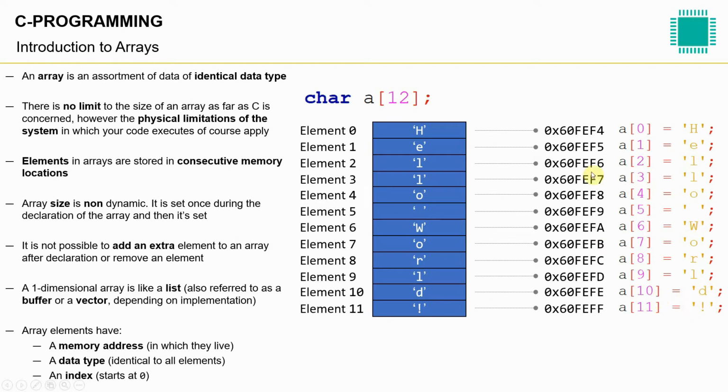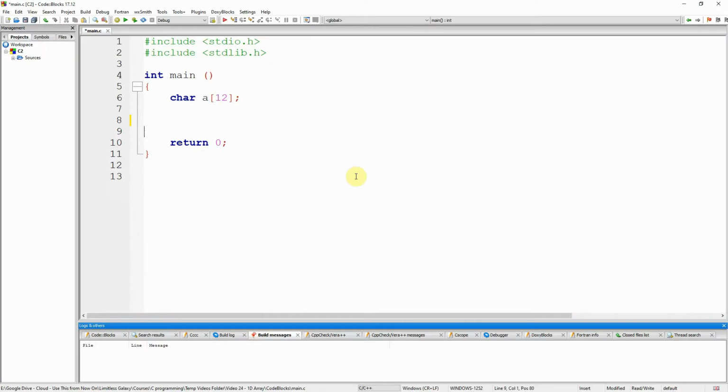As you can see, I go from A0 to A11. There is no A12. A12 does not exist. From 0 to 11, these are 12 elements in total if you count them. Right, so this is how you go about creating it on your computer effectively.